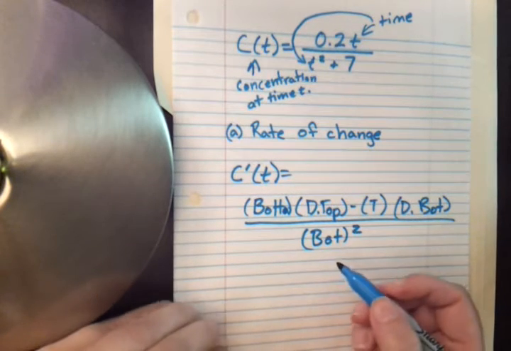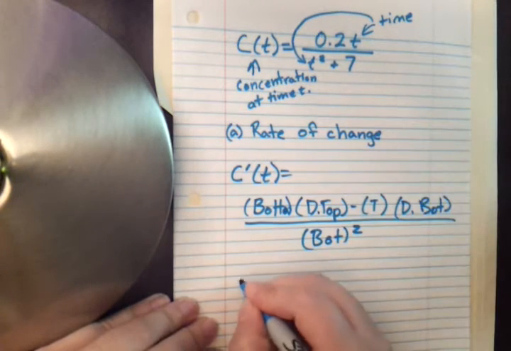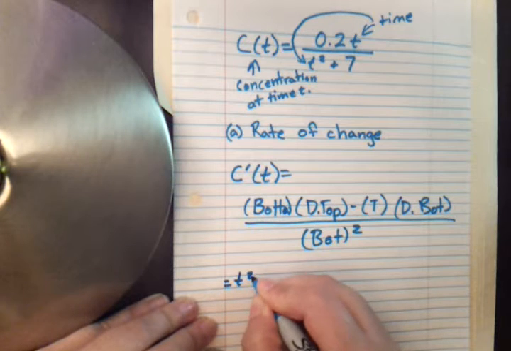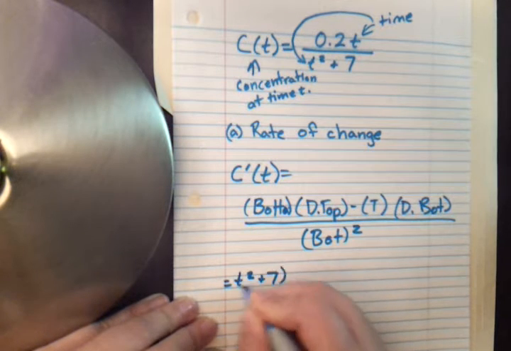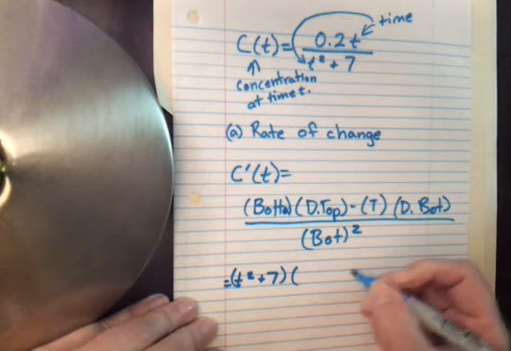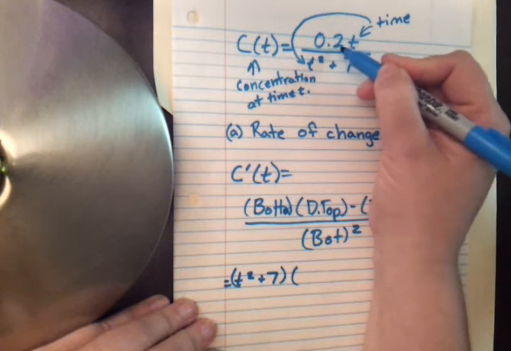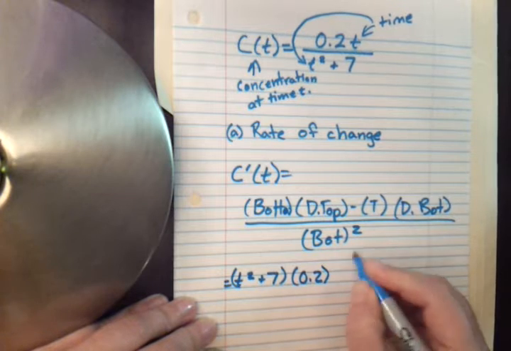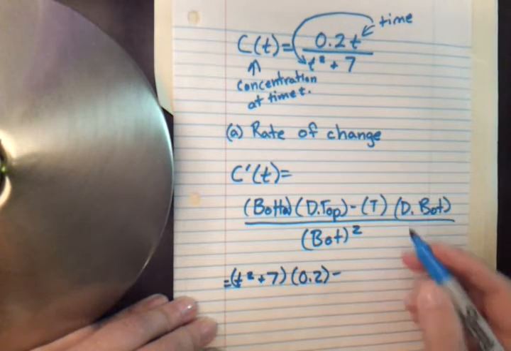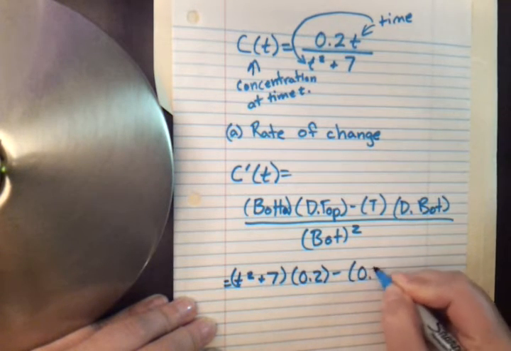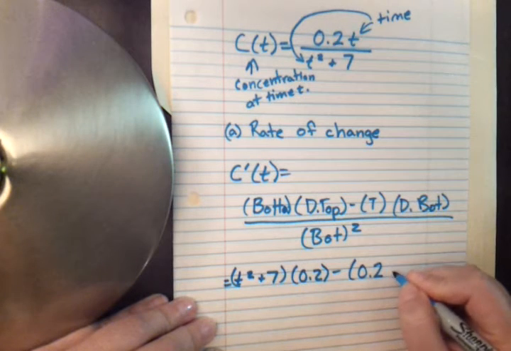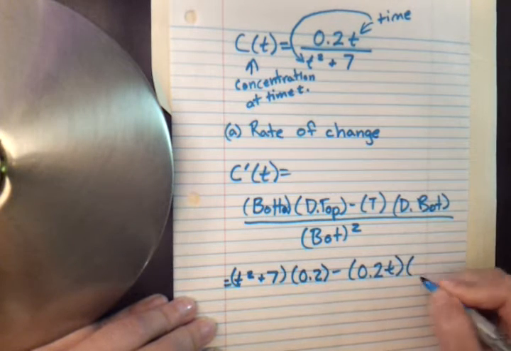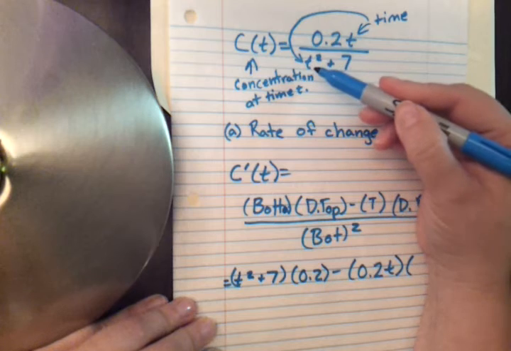C prime of t, we want the bottom, so that's t squared plus 7 times the derivative of the top. Well, the derivative of 0.2t is just 0.2. Then we're going to subtract the top, 0.2t, and multiply that times the derivative of the bottom.